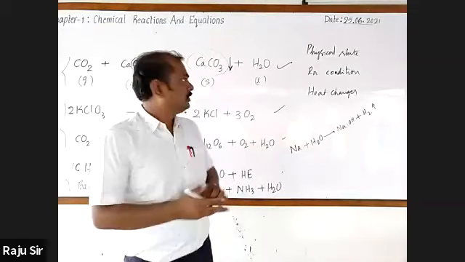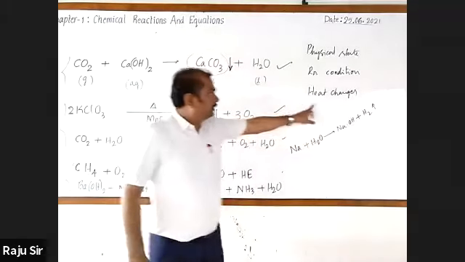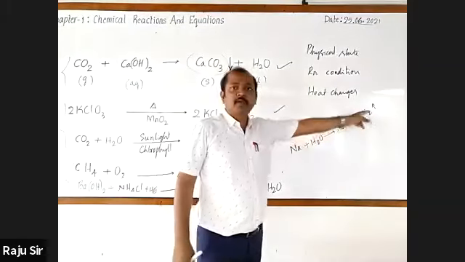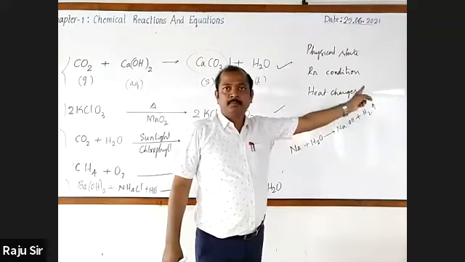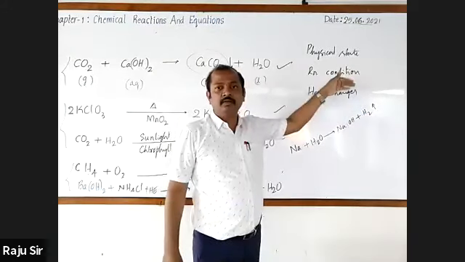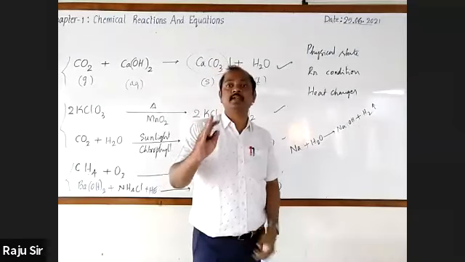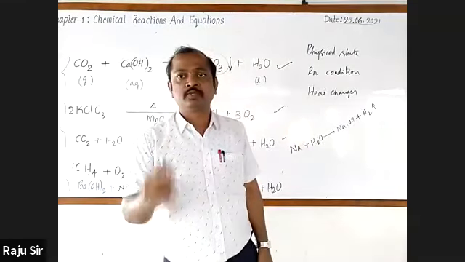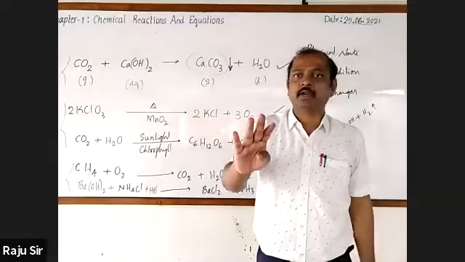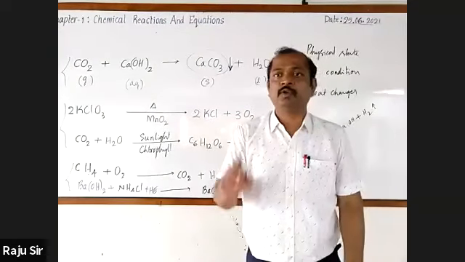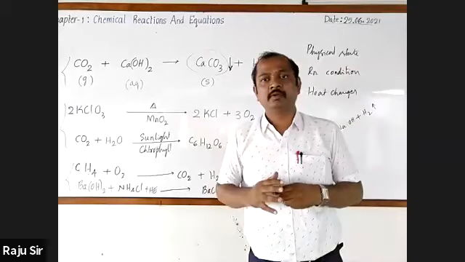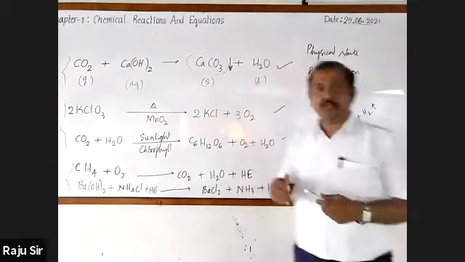Clear? So by indicating upward arrow mark for gas and downward arrow mark for precipitate, we can make a chemical equation more informative. So these are the four important criteria that we have to follow to make a chemical equation more informative. What are those?